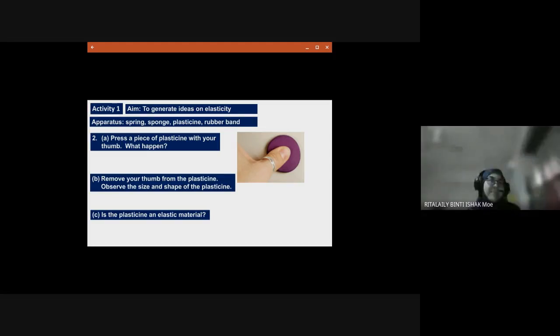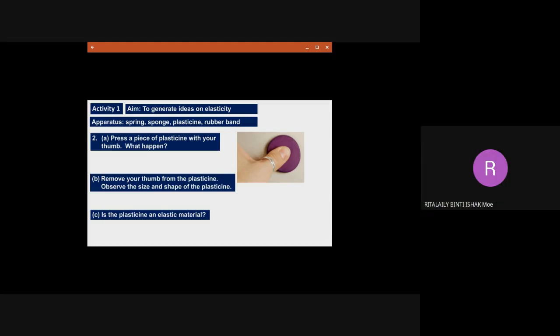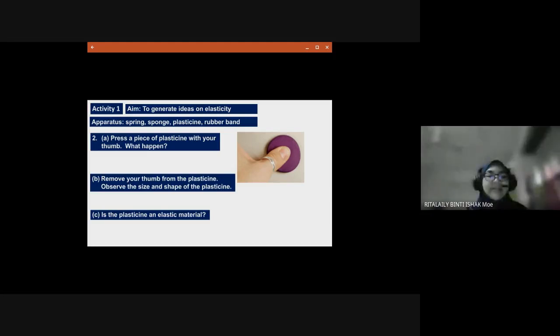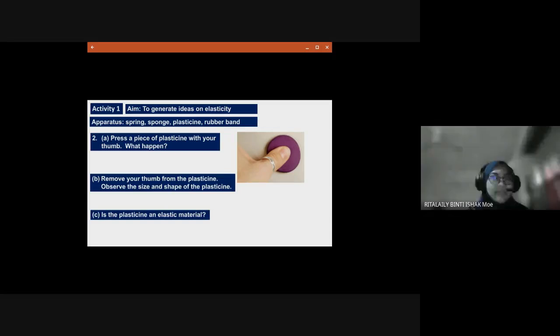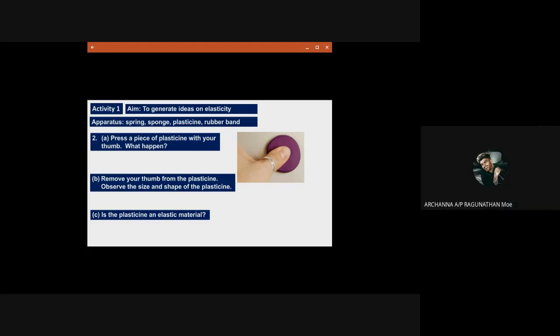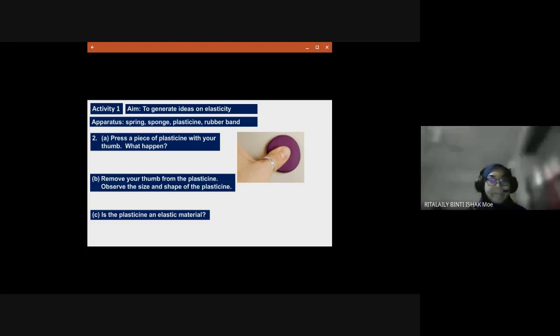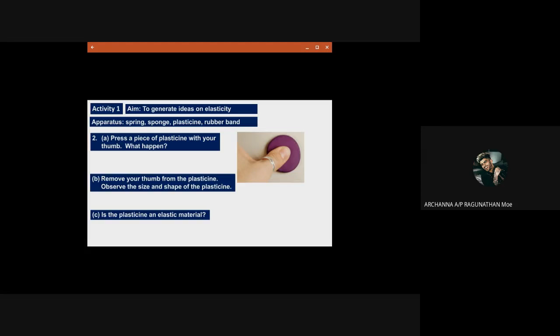Help Kinisha. What happened when we press the plasticine with our thumb? Kinisha texted that it changes shape.